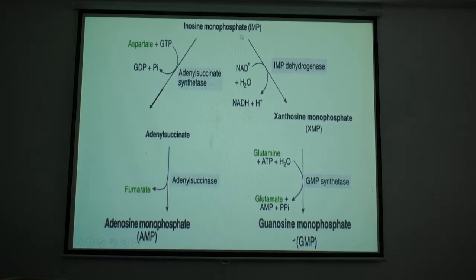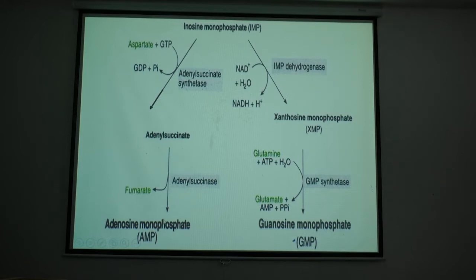Then from IMP you get adenylosuccinate, and adenylosuccinate to AMP, adenosine monophosphate. Once you get AMP, ATP can be synthesized. Like that, GMP will be synthesized, and from GMP, GTP can be synthesized. GMP is guanosine monophosphate; GTP is guanosine triphosphate.